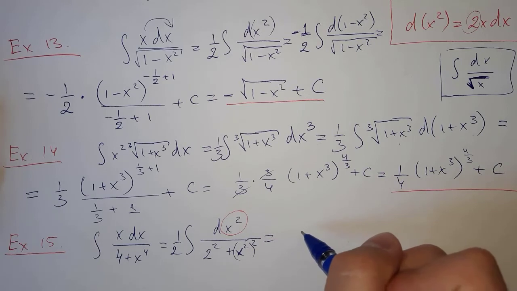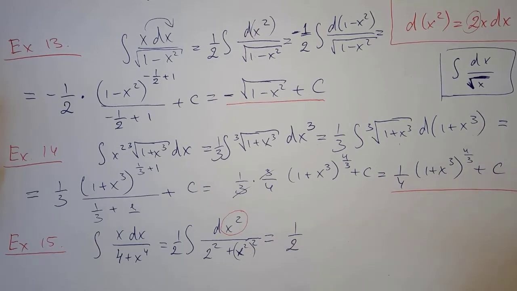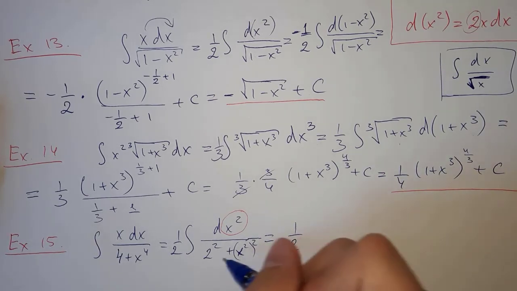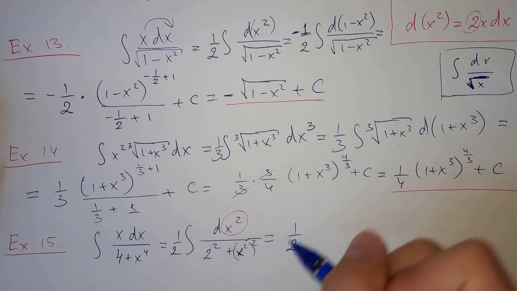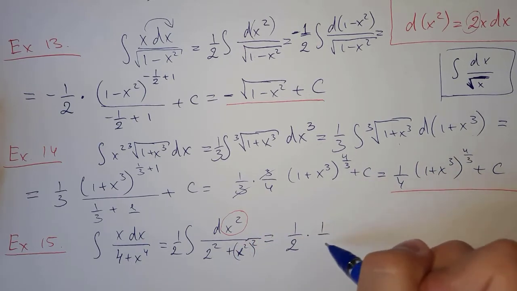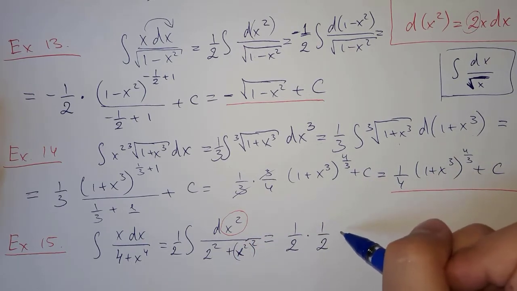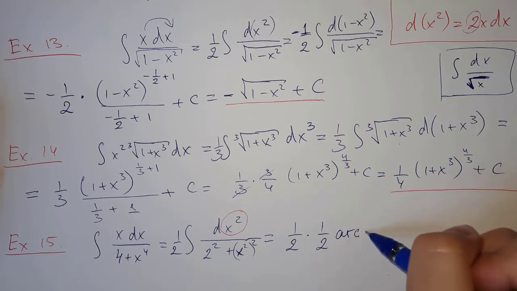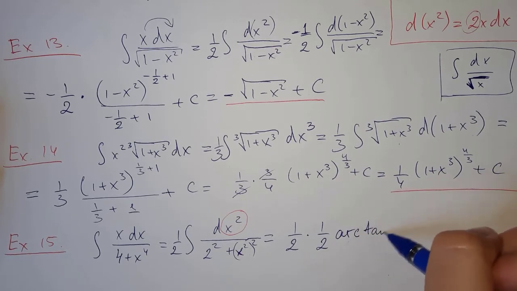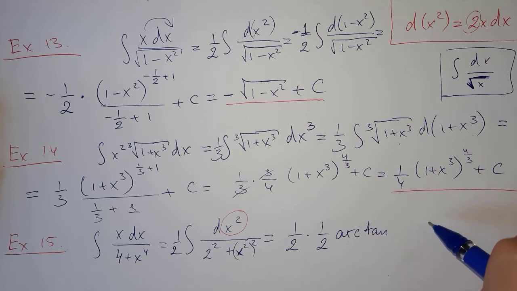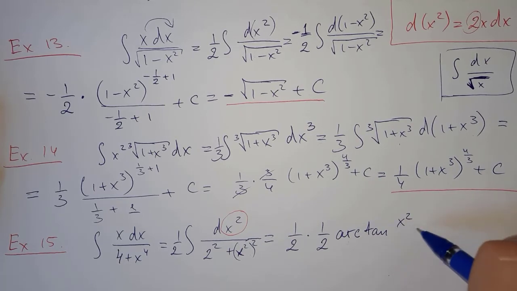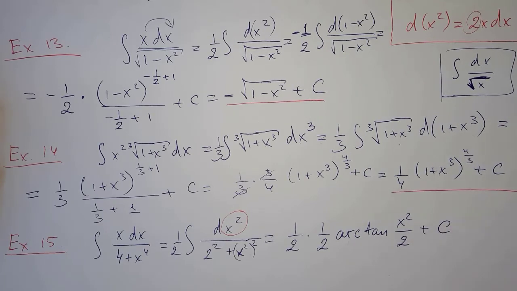Now it's 1 over 2, but in the arctangent formula we also have 1 over a, so this is again 1 over 2, and arctangent of x squared over 2, plus c. So we use the formula for arctangent.